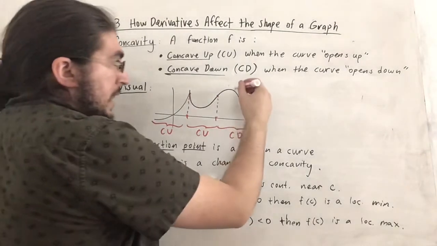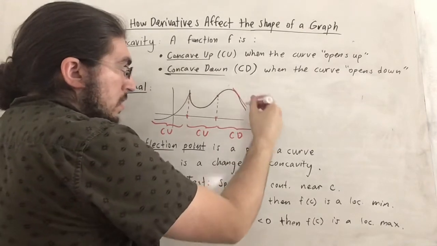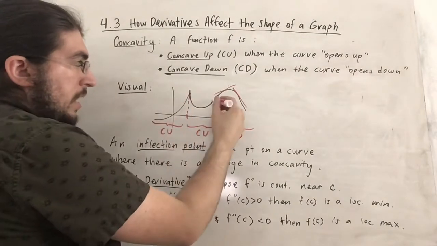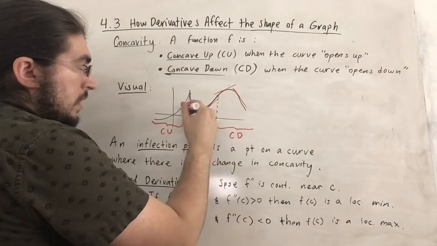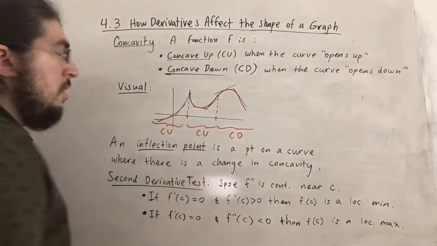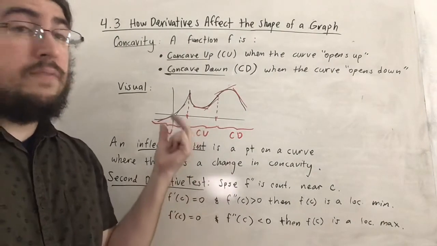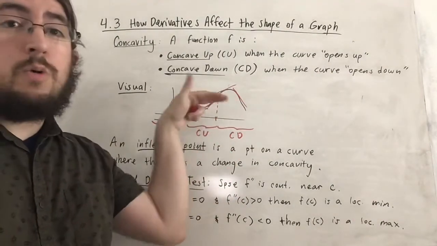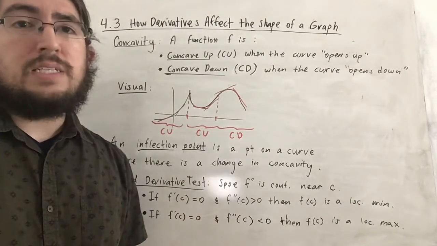So if we consider a tangent line anywhere in the concave down region, let's say these two, or a tangent line anywhere in the concave up region, say here or here, what you notice is that for the concave up regions, the curve is entirely above the tangent line, whereas in the concave down region, the curve is entirely below any tangent line. So that's one interpretation. In fact, that's how the book really defines concavity.